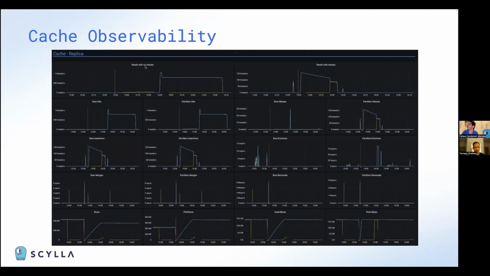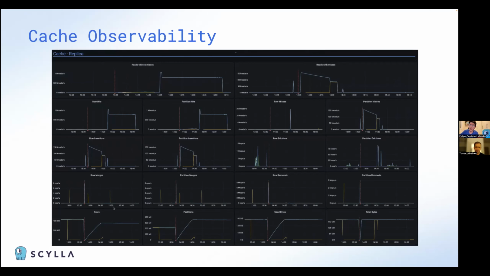So we do have cache misses, cache reads, how many rows are being hit, how many rows are being missed, which means the database needs to go to the disk. How much space your cache is currently consuming, broken down by memory size, number of partitions, number of rows, and so on.